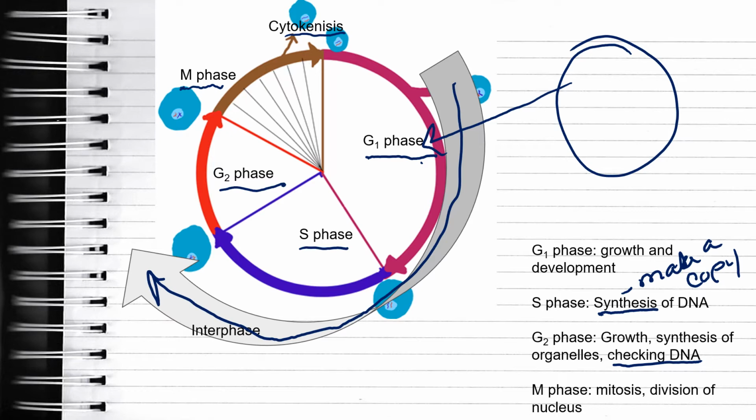And the M phase is mitosis, which is the division of the nucleus. And then cytokinesis is the division of the cytoplasm.